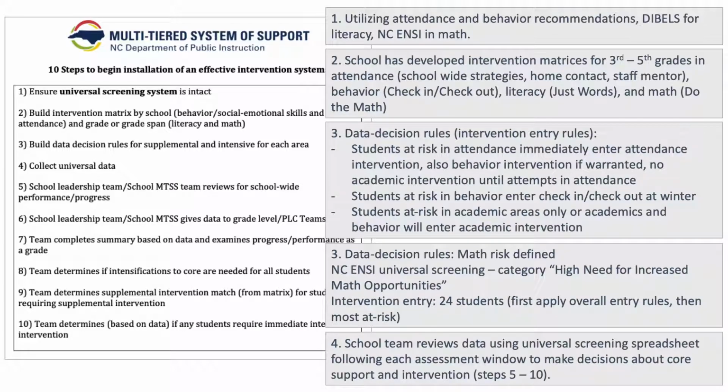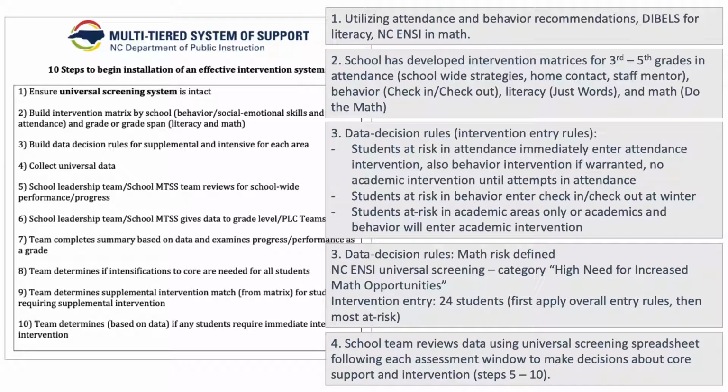What we see here is this school has completed steps 1, 2, and 3 by determining that they're going to do some universal screening. They're utilizing attendance and behavior recommendations set by the state. They're using DIBELS for literacy in 4th grade and the NC measures in math for 4th grade.